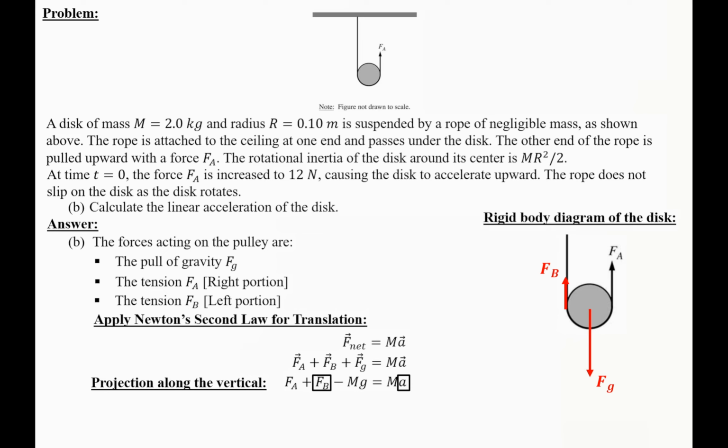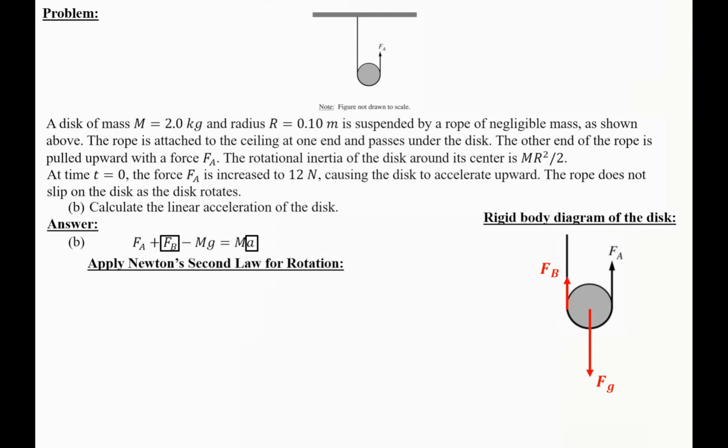We have Fb and a, which means we have two choices. Either convert it to a differential equation, and such dynamics would be challenging because we don't know what would happen at the end of the system, or find another equation. The easy route is to find another equation by implementing Newton's second law for rotation.